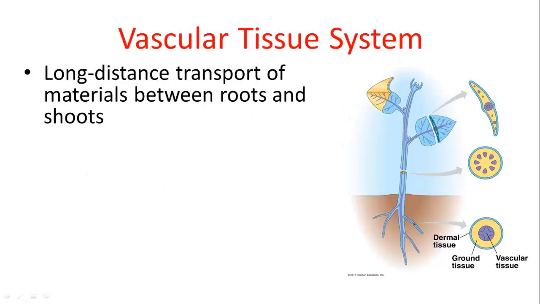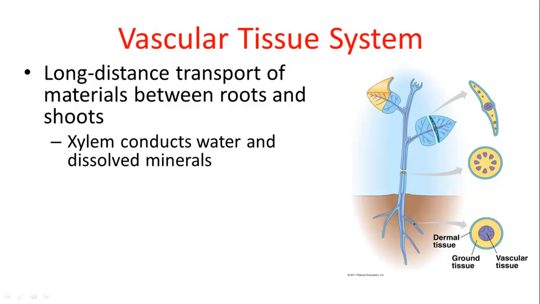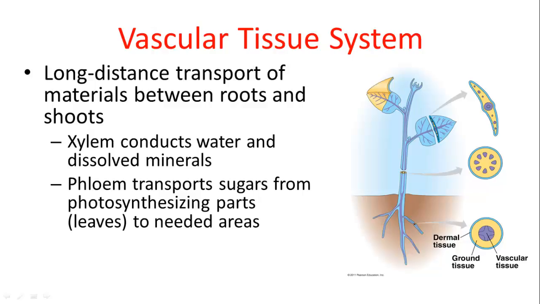The vascular tissue system is for allowing nutrients and water to be transported to different parts of the plant. The xylem conducts the water, and the phloem conducts the sugars, generally from photosynthesizing parts to the needed areas.